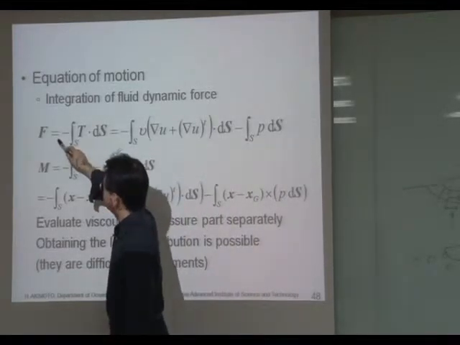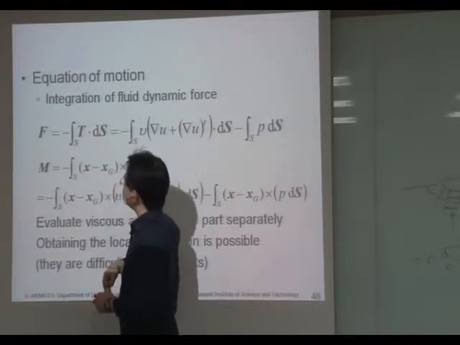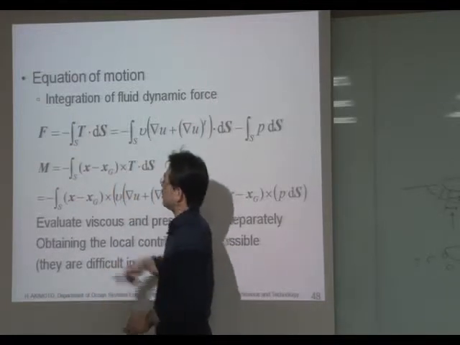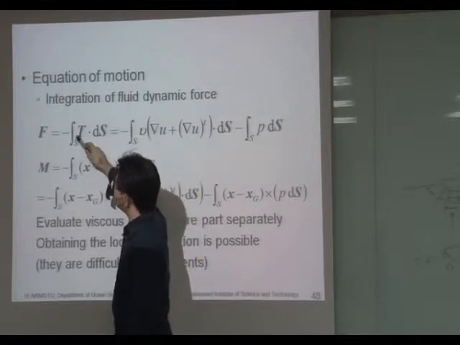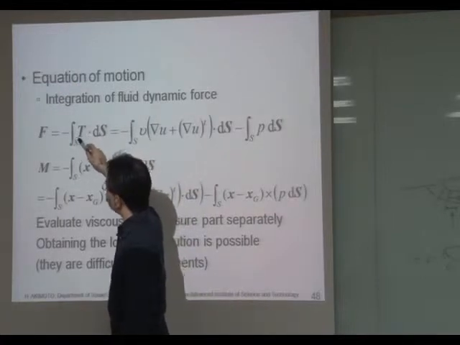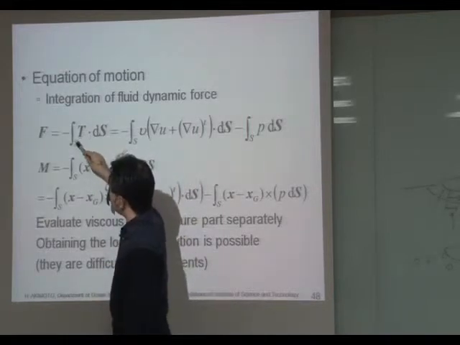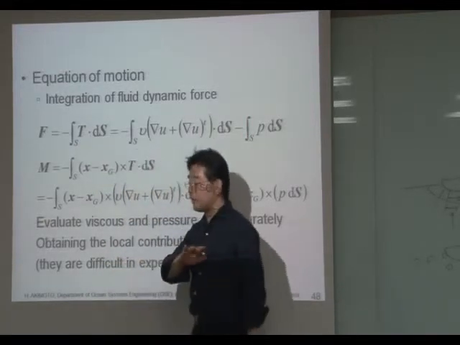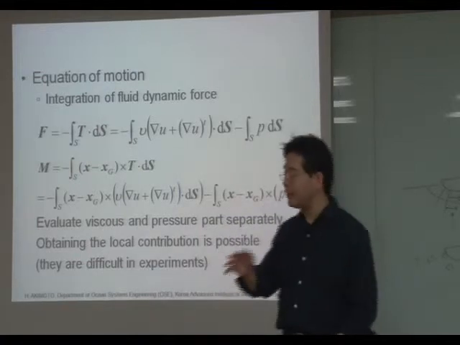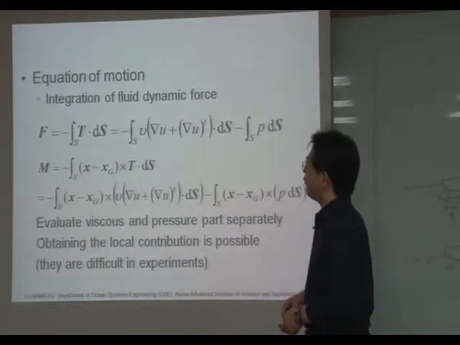The force on the hull surface is calculated by the integration of the fluid dynamic stress on the surface. This S indicates the entire body surface, the wetted surface of the hull.